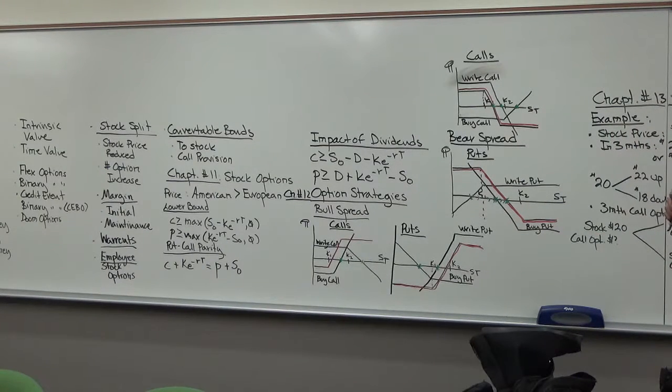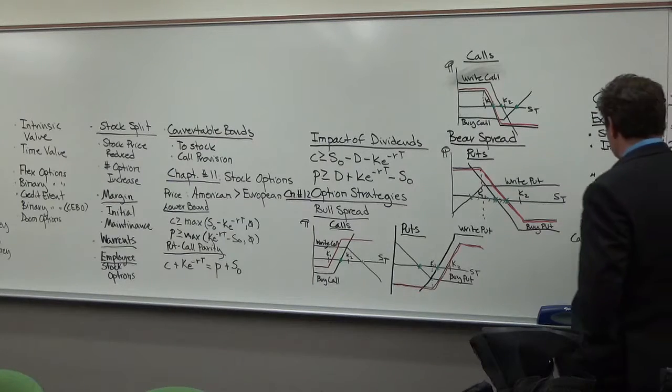Binomial trees. You're calculating probabilities of the stock price going up to $22 in 3 months or down to $18 in 3 months. The current stock price is $20.